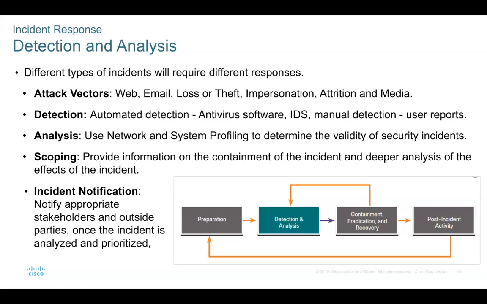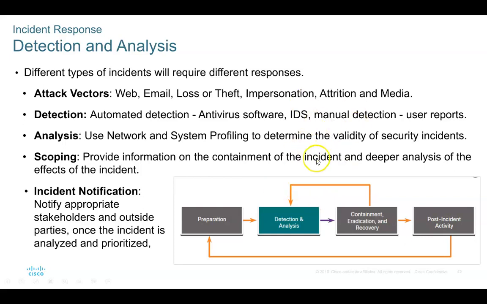Detection is your automated detection that you have. You may have antivirus software that allows you to do that, an IDS system, manual detection, or maybe just a user report, right? Analysis is where you analyze the data that you got from whatever you detected to determine the validity of the incident. Maybe it's not an actual attack. And scoping.